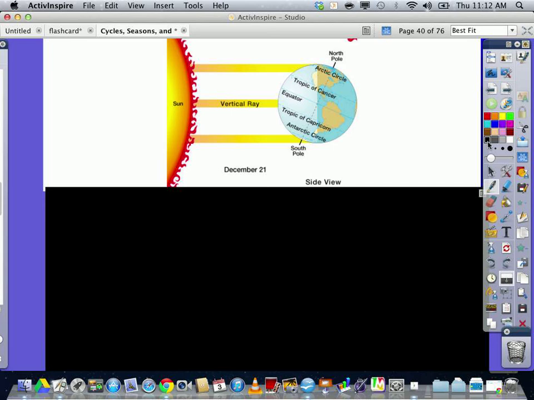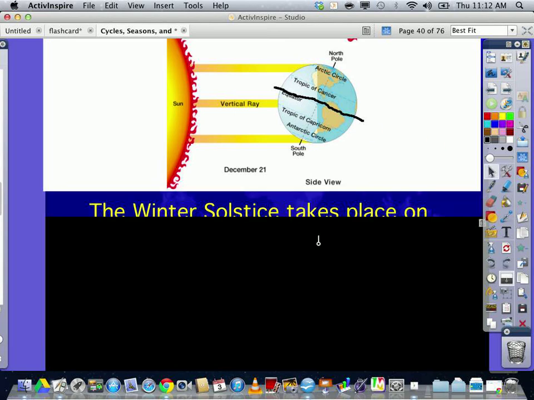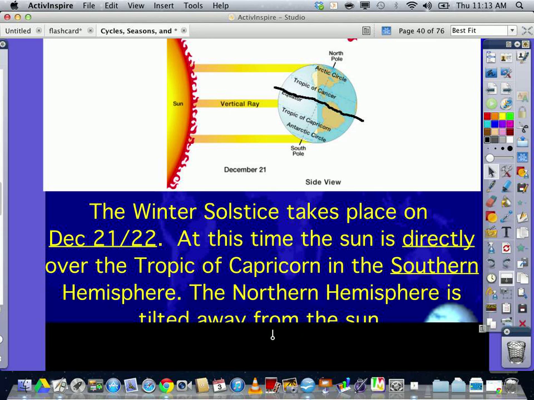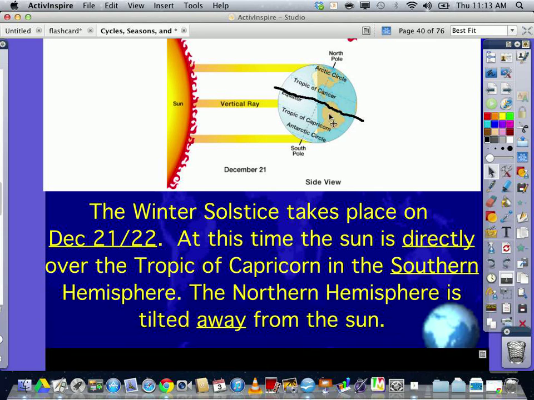So let's talk a little bit more about each of these solstices. So let's start by taking a look at our diagram. Here's our equator. The northern hemisphere is tilted away, so there's winter. The southern hemisphere is tilted towards, so there's summer. The winter solstice, so we're looking at the northern hemisphere.